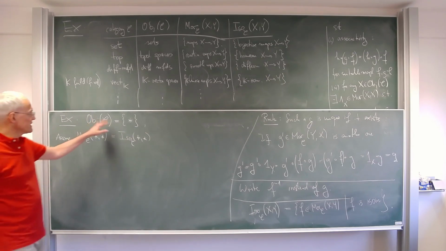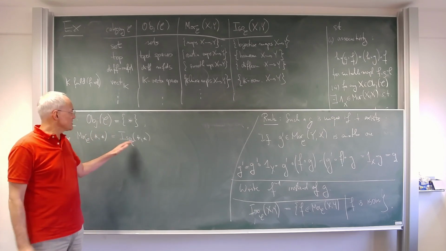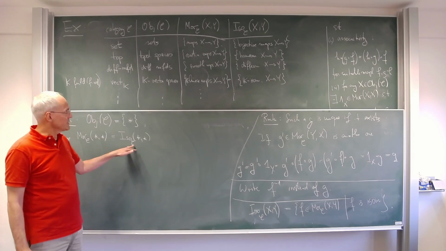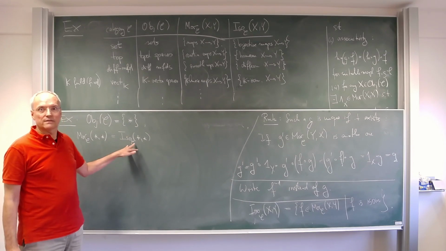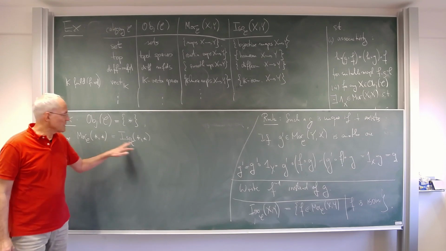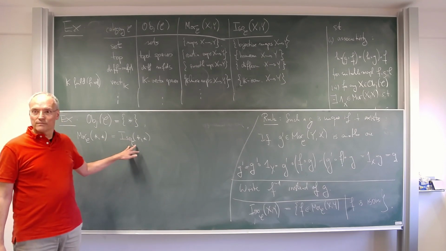This object is not interesting. It's just one thing. But this set of isomorphisms might be interesting because we can do things with it. If you remember the definition of a category, there's a composition defined on it, and there's a one element defined on it. We have associativity, and by this assumption also we have inverses.